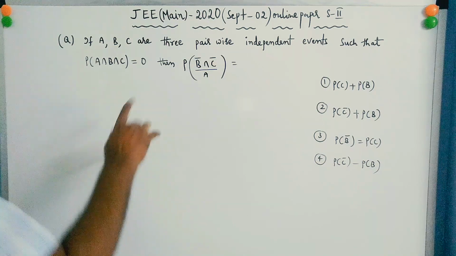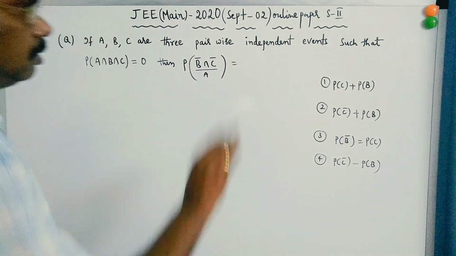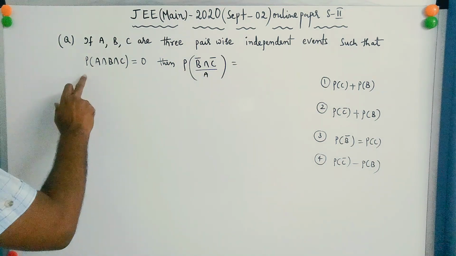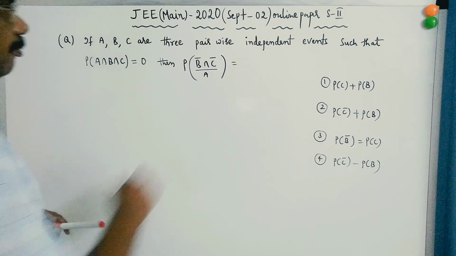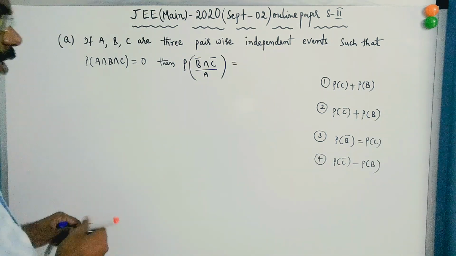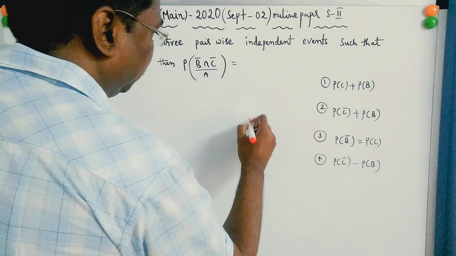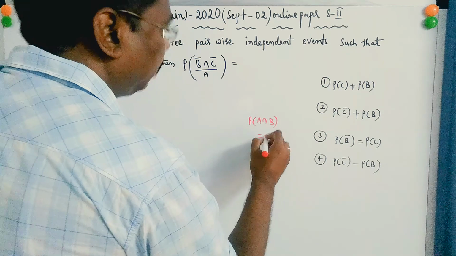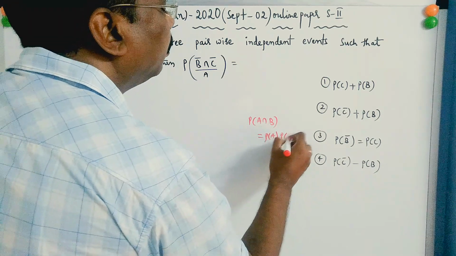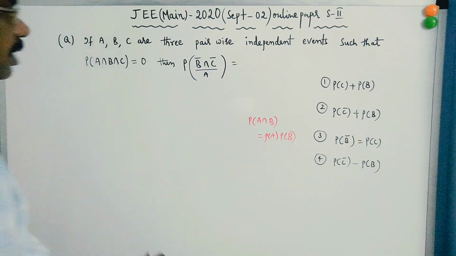Next one: if A, B, C are three pairwise independent events such that P(A ∩ B ∩ C) = 0, then P(B̄ ∩ C̄ | A) equals. Independent events means if A and B are independent events, P(A ∩ B) = P(A) · P(B), then A and B are said to be independent events.